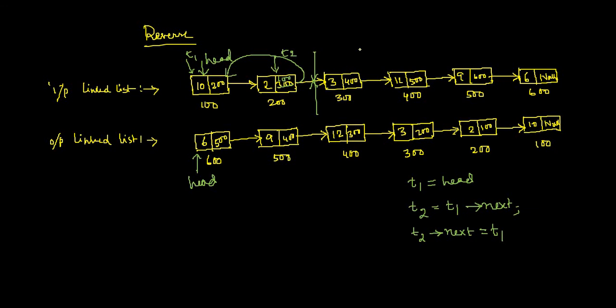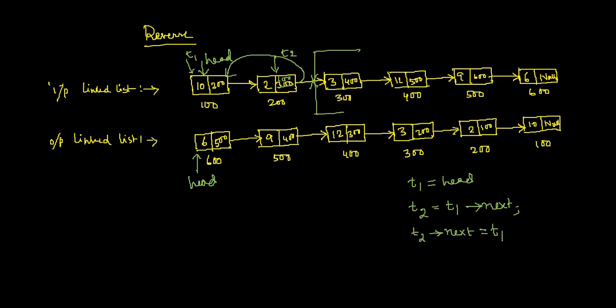That means the entire linked list vanished. All the data lost, which is not expected. So you cannot do it blindly. When you are doing it, somehow you must have a pointer that will point to this node.